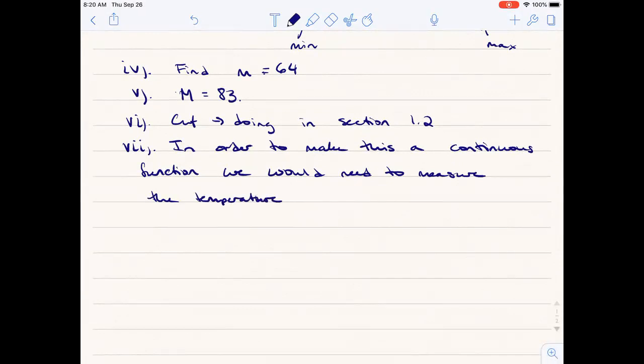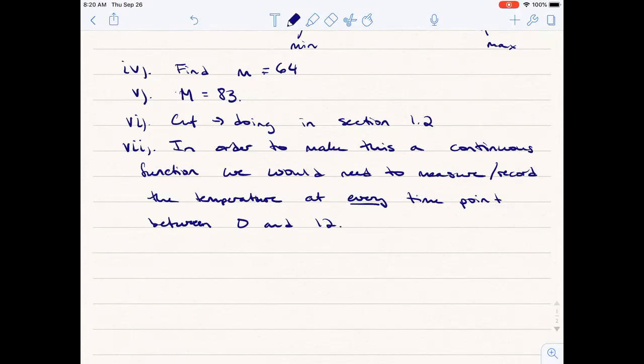I guess I said measure, but I really mean record, measure or record the temperature at every time point between 0 and 12. So there's going to have to be an interval of time points, right? Otherwise... So the problem is that that's impossible to do, right?